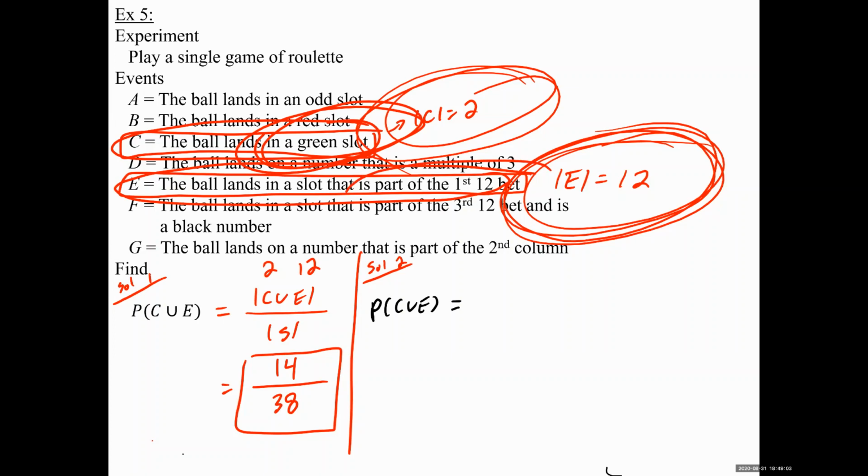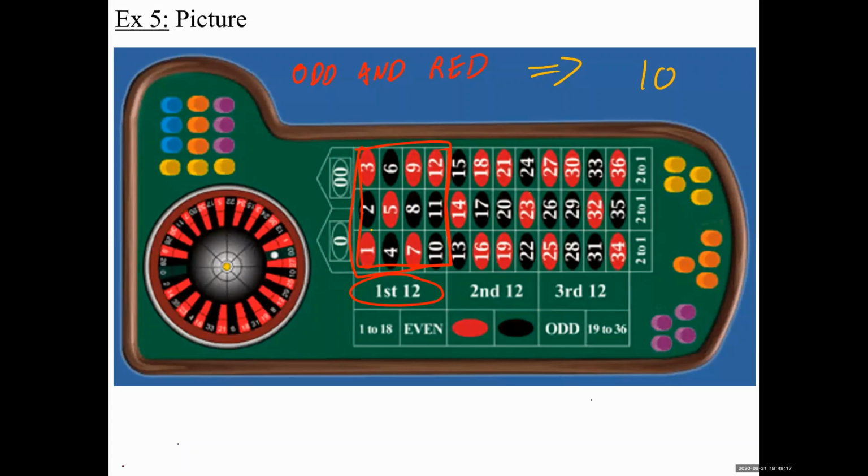Yes or no? So here are the first 12 numbers, and then here are the green numbers. Is there something that's in both of those lists? No. So are they disjoint? Yes. Nothing in both, then they're disjoint.